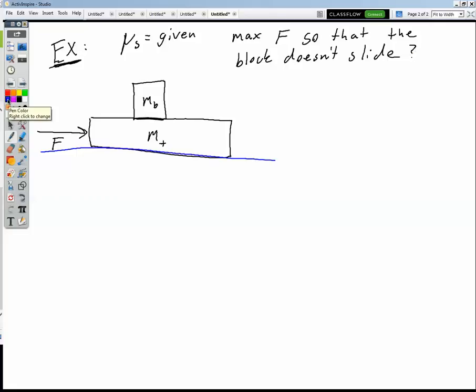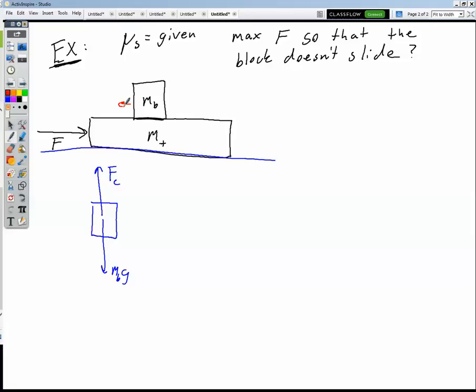Let's start with the block. The free body diagram for the block, we have the weight going down, so that's m_b g, and we have the contact force between the block and the book going up. Now here's the tricky part. The block wants to slide backwards in reference to the textbook, and it's friction that keeps the block from sliding backwards.